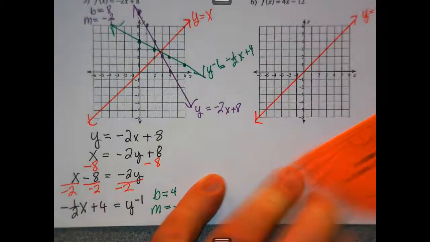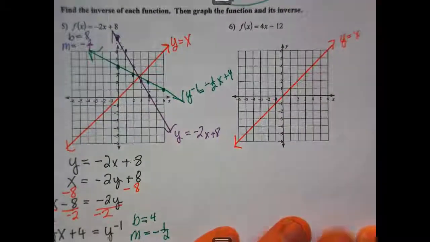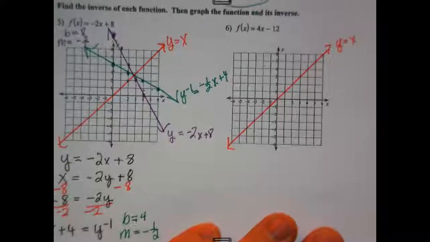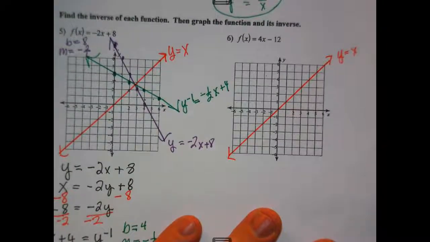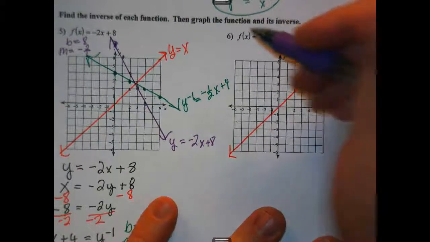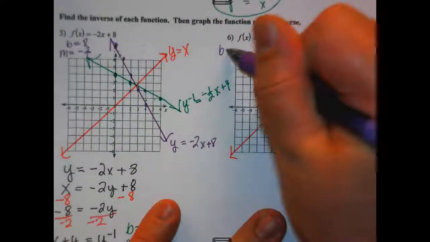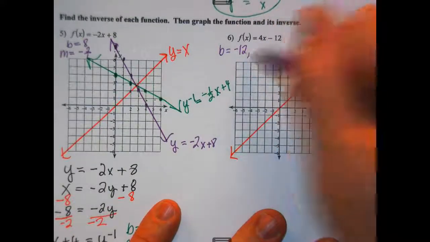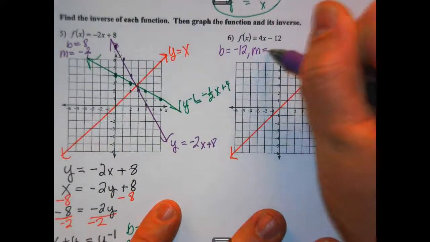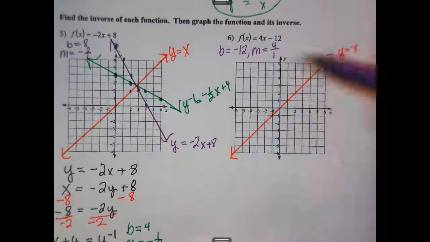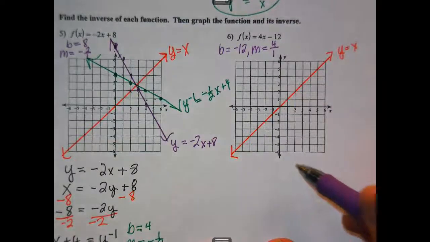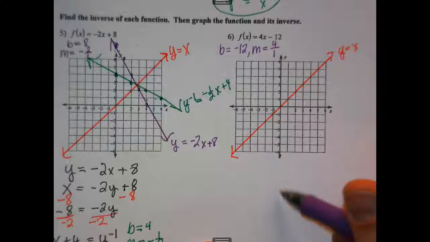Now, let's try and graph this. This is a bad equation to graph because my y-intercept is negative 12 and my slope is 4 over 1. If I tried to put negative 12 on here, it'd be somewhere down here, right?